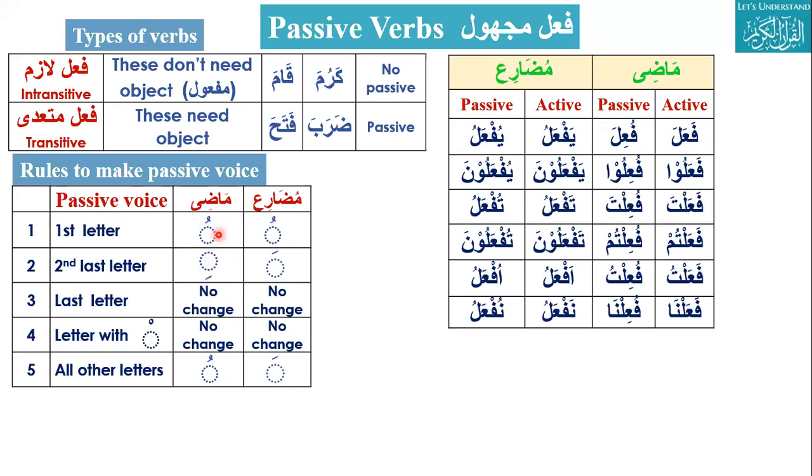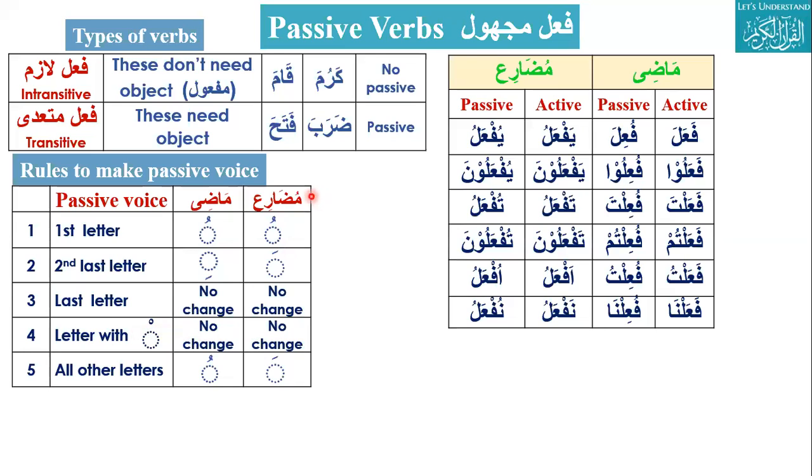So first letter gets dhamma, second last letter gets zair, and last letter doesn't change. So fa'ala becomes fu'ila, fu'i. So there is a sound of u-i, u-i, fu'i. Okay. If there are more letters, like if there is another letter that has a sukoon in it, that doesn't change. If the letter has a sukoon, that doesn't change.